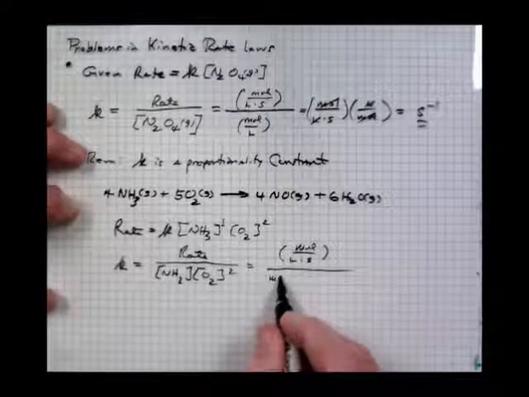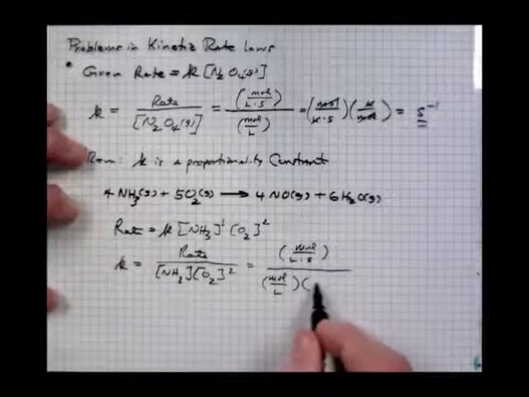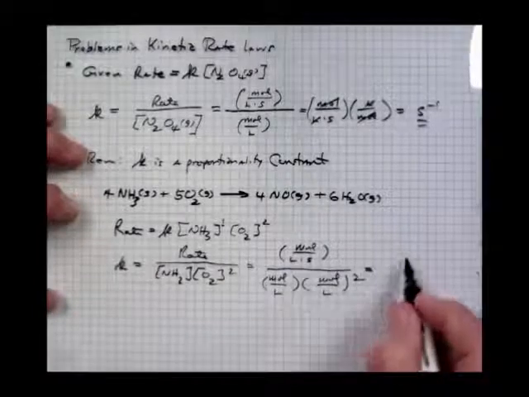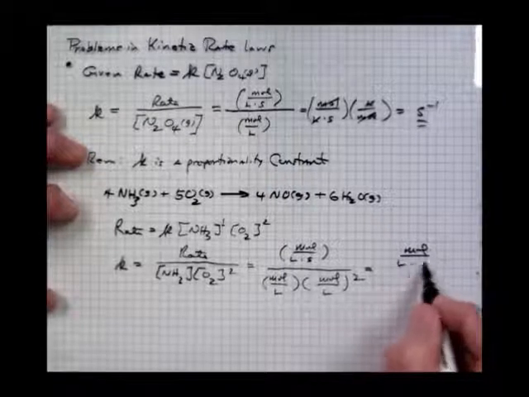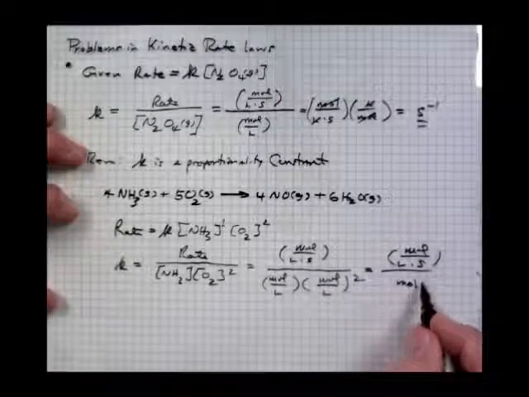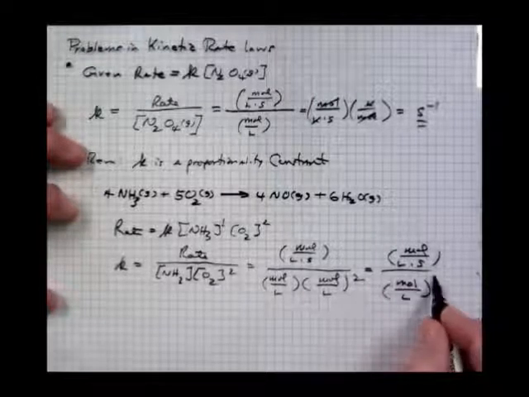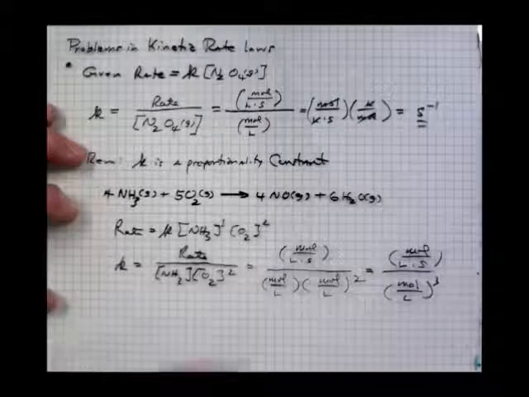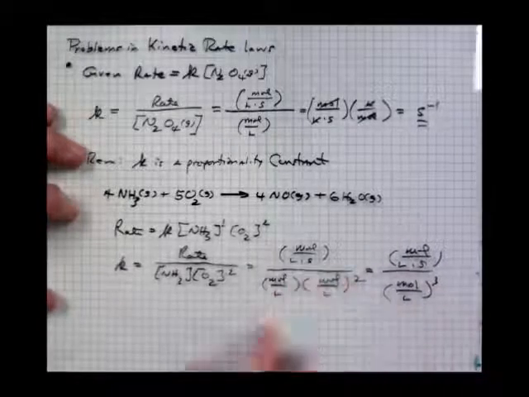Here is mole per liter times mole per liter squared, and this of course goes to moles per liter seconds over moles per liter cubed, 3. Okay? Everybody good? See where I got 3? Just add the exponents.